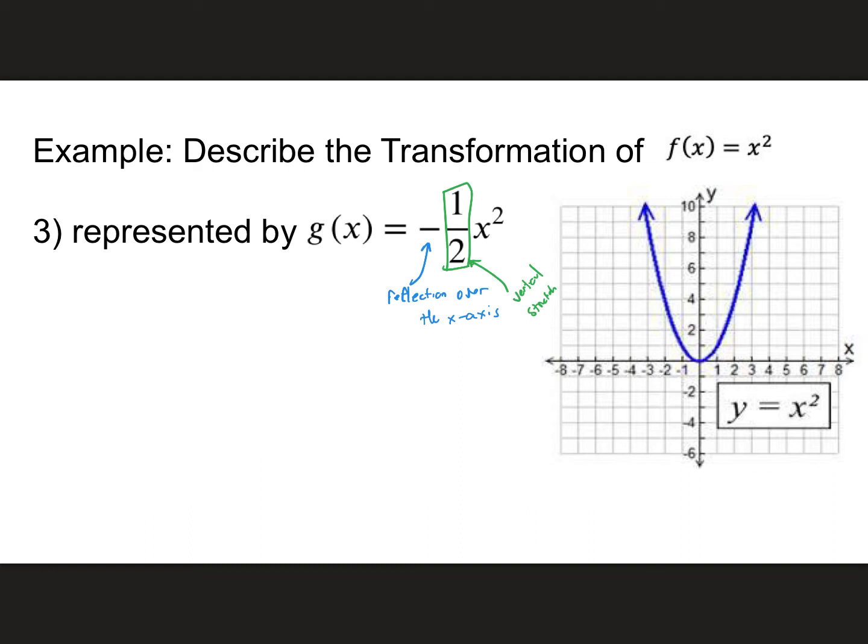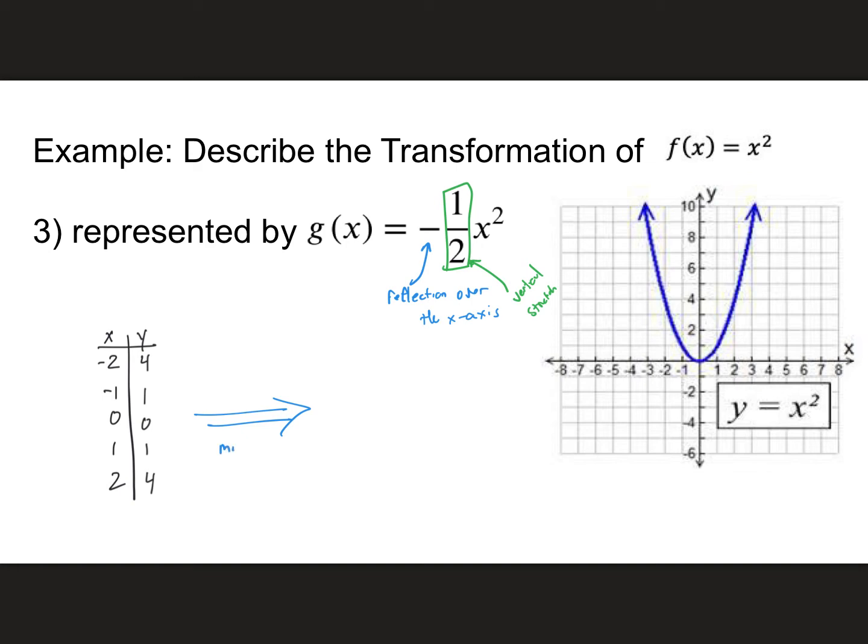So a vertical stretch, because again, it's not on the inside of the parentheses. Now the good news is when it comes to doing the math for this particular function, we really only have to do one step with our original table of values. It's kind of like a one-stop shop. We're going to do both the reflection over the x-axis and the vertical stretch.